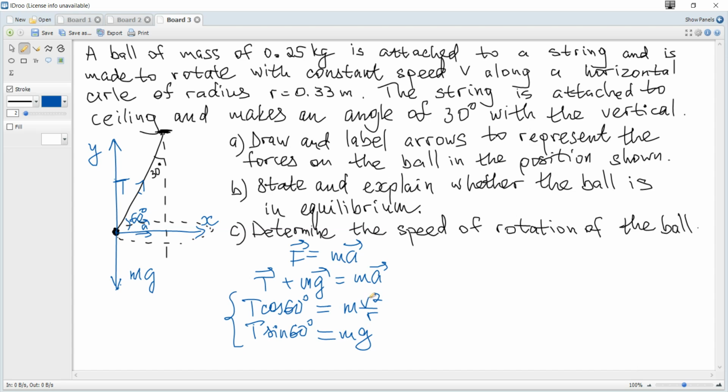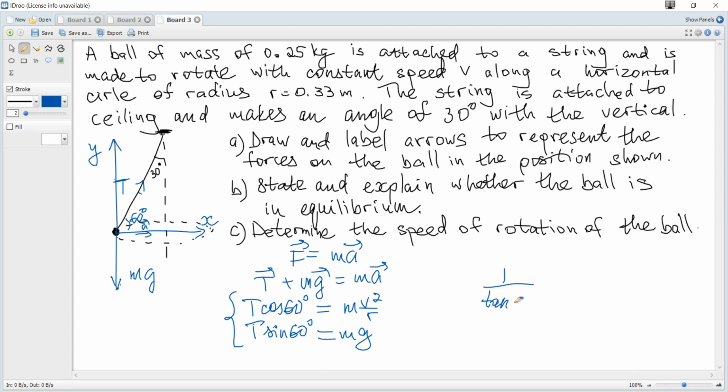And since we need v, we can divide both sides and get cosine over sine, which is cotangent of 60, or 1 over tangent of 60, it doesn't matter.